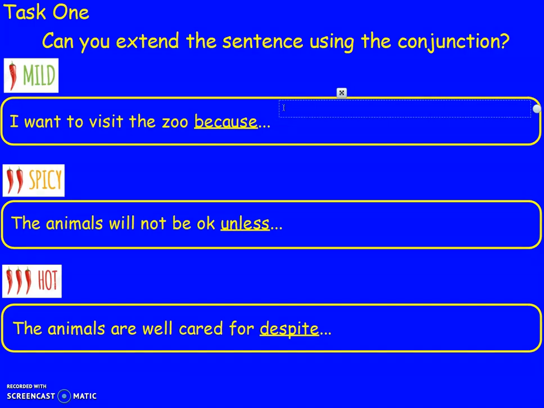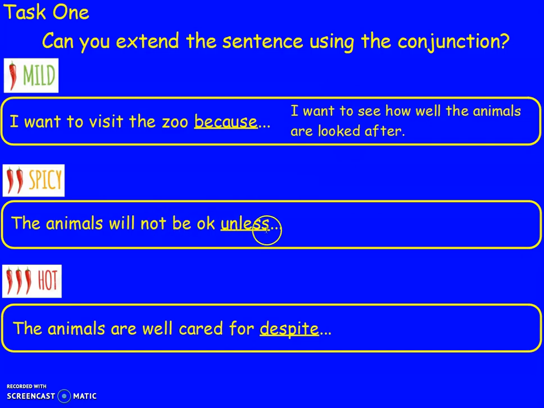Okay, let's have a look then. So for mild, we could say, "I want to visit the zoo because I want to see how well the animals are looked after," full stop. Okay, so you could have ended your sentence with something like that.